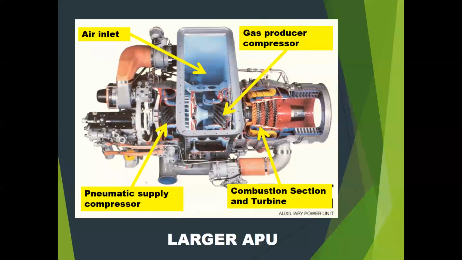But with the pneumatic supply compressor being here, air can come out through this duct of the aircraft, or the bleed air that comes off of this compressor goes into the plenum. So before it goes through combustion, it can be routed out through this tube here. And then there's a valve at the bottom that can be used to switch between the pneumatic supply compressor and using just the combustion section compressor in order to produce that bleed air.